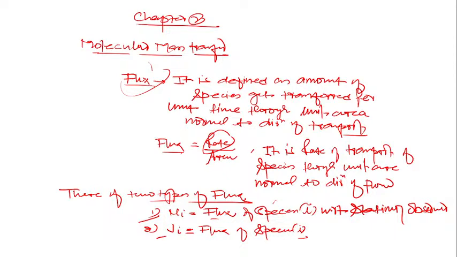And this is the flux of species I with respect to a moving observer. Moving observer means the observer must move with the average velocity of the molecules.